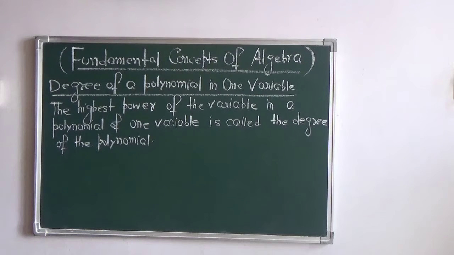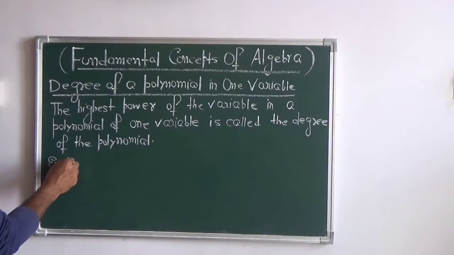So according to the definition, the highest power of the variable in a polynomial of one variable is called the degree of the polynomial. So let us understand this with an example.